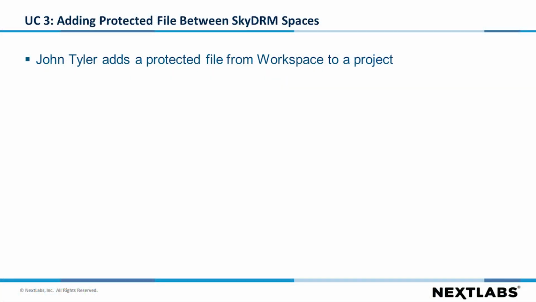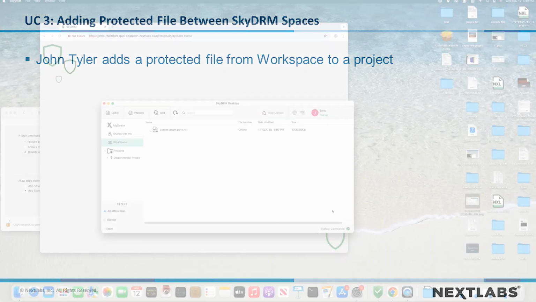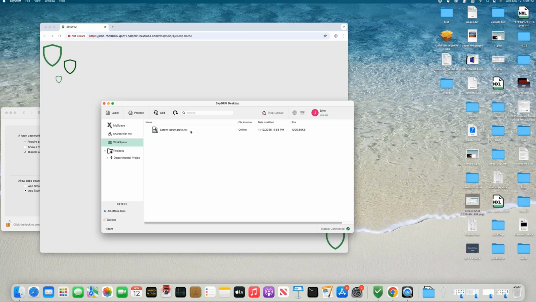Use case 3. Adding a protected file between SkyDRM spaces. John Tyler adds a protected file from Workspace to a project. John Tyler launches SkyDRM Desktop and navigates to Workspace. He selects a protected file and adds it to a folder within a project.